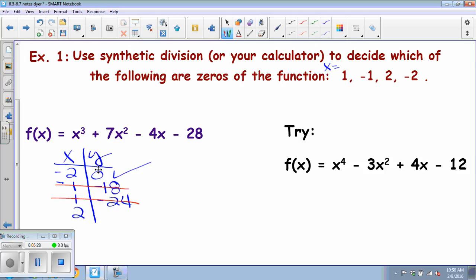It'll say evaluate this polynomial at x equals -1. Your y value is your remainder, which is your answer. Okay, anyway. All right, so when x equals 2, what's your y value? 0. So the 2 out of these 4 that are solutions are x equals -2 and x equals +2. Okay, so try this one.